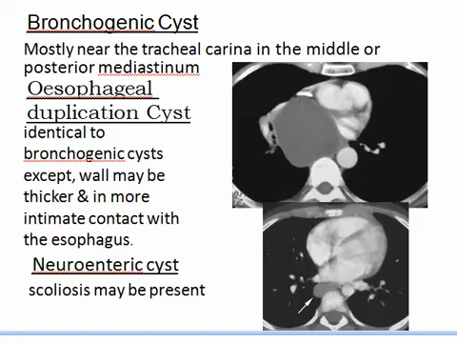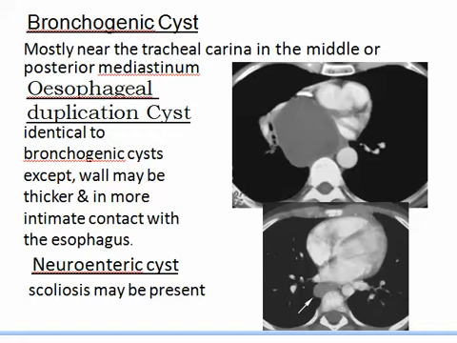The only difference is that the wall may be thicker and in more intimate contact with the esophagus, more related to the esophagus than to the trachea. Although of course in large cysts you cannot differentiate.